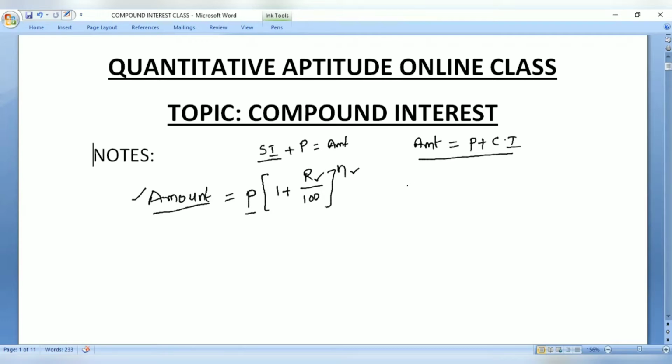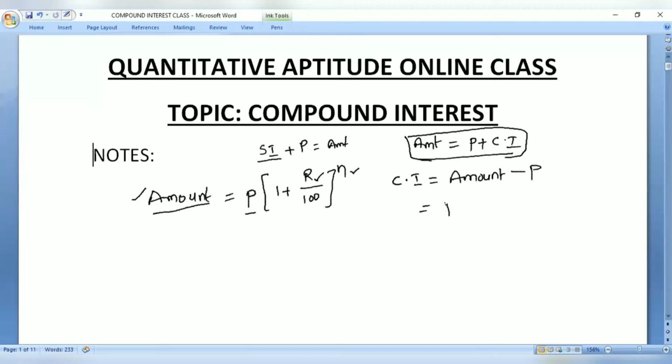Similarly, if they directly ask you to calculate the compound interest, from the statement amount is equal to principal plus compound interest, compound interest is equal to amount minus principal.